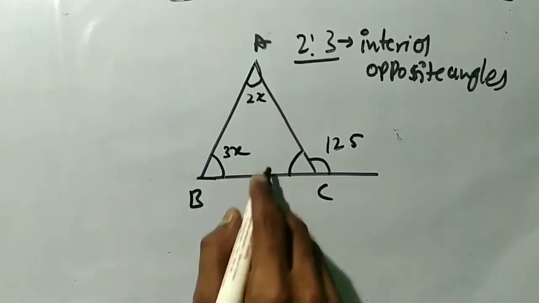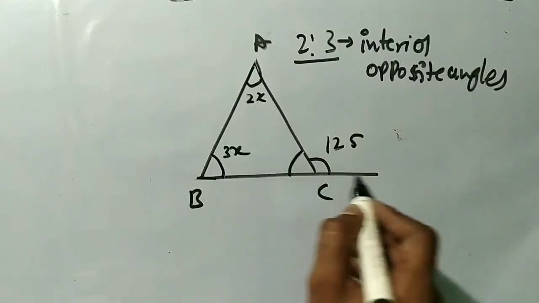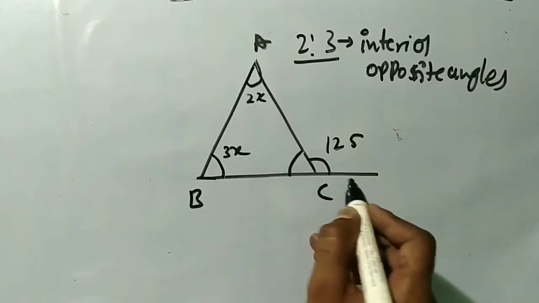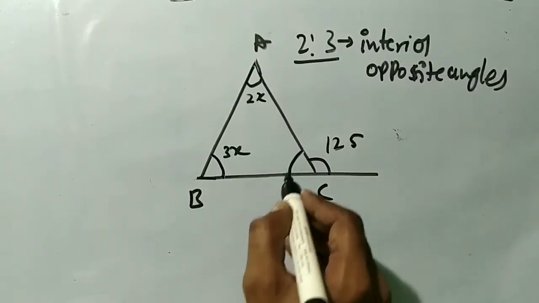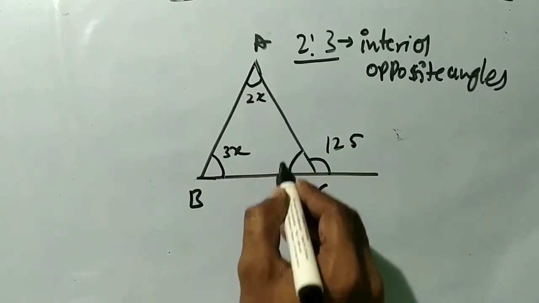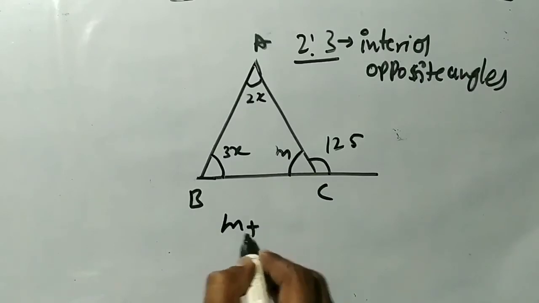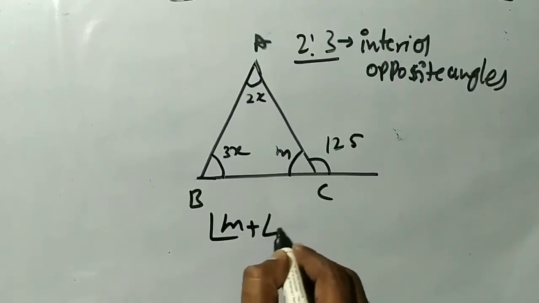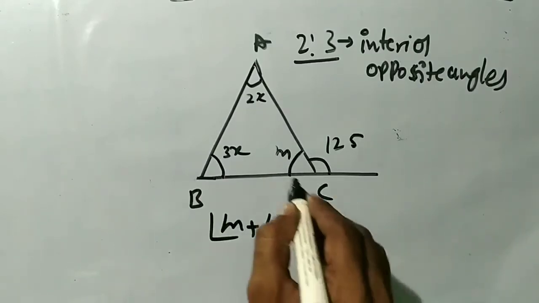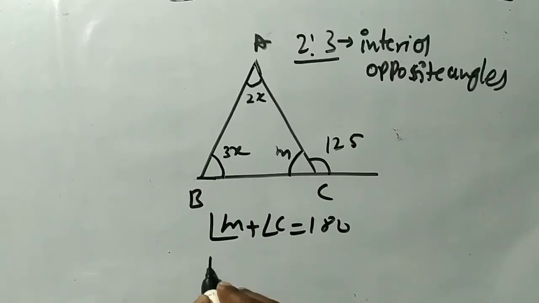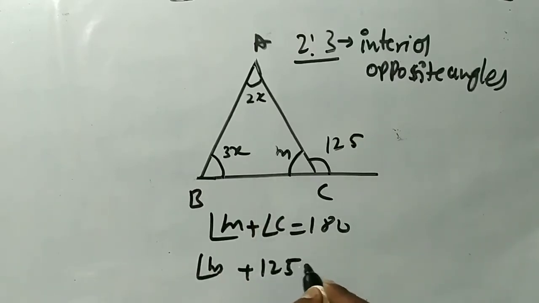This one we can easily find because a straight line forms 180. Let us consider this one angle M. Angle M plus angle C is equal to 180, straight line. Angle M we don't know. Angle C is equal to 125, so 125 is subtracted from 180.